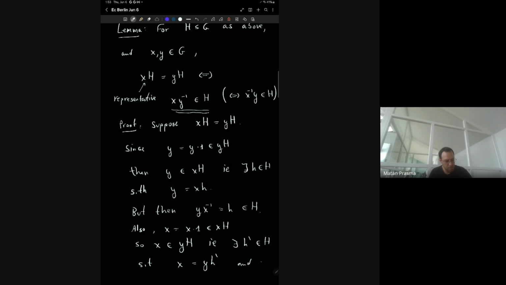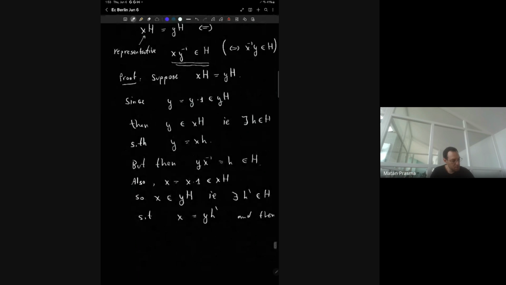And then y^-1x is equal to h', which is an element in H. Okay, so it's the same. The whole claim is anyway symmetric, so you can do either y^-1x or x^-1y. Doesn't matter.